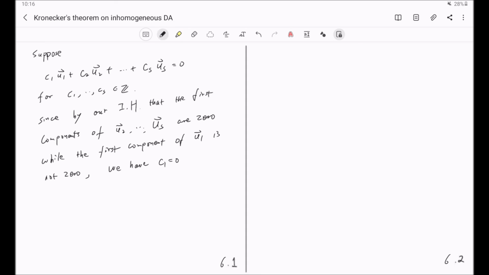However, by induction hypothesis, u2 through us is a basis of M prime over Z. This forces c2 through cs to be equal to 0.